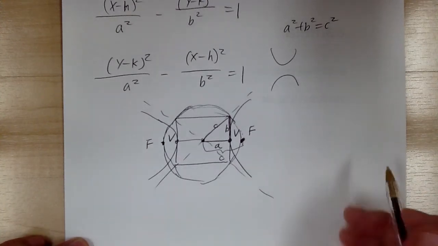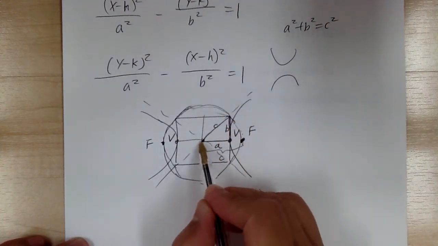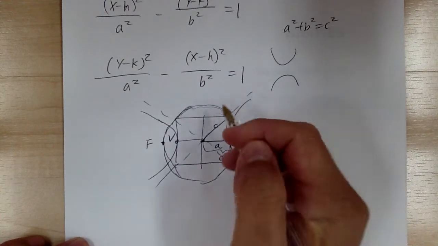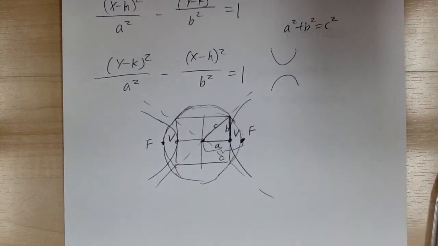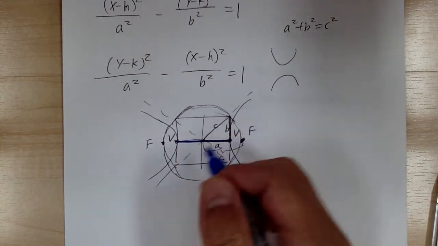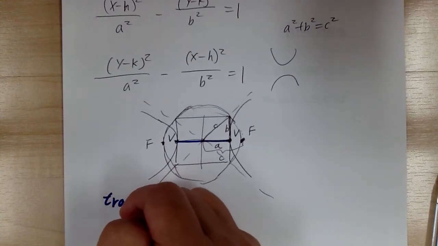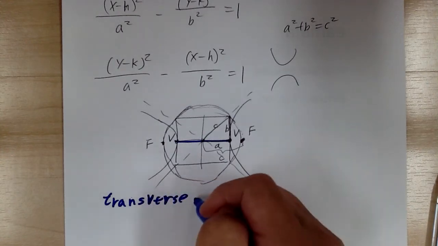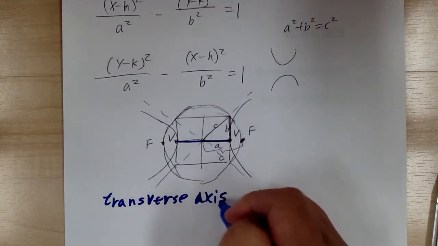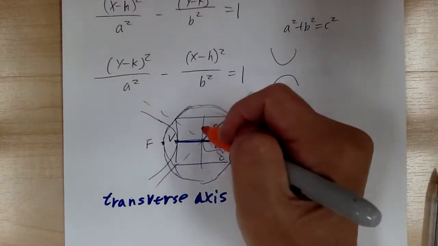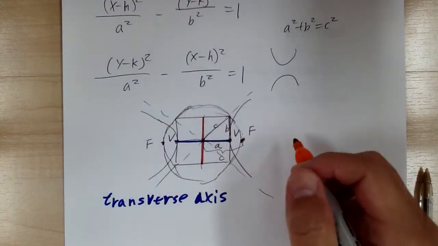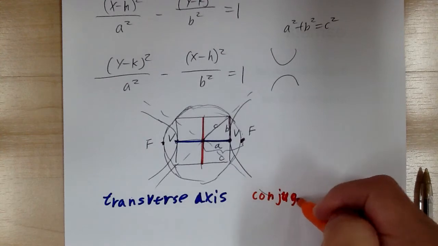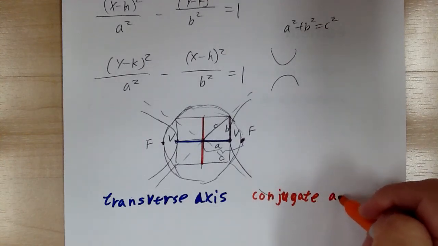Also there are a couple of names over here. This is the center, this is the vertex. The vertex touches the box, and this is the focus. This axis right over here is called the transverse axis. And this right over here is called the conjugate axis.